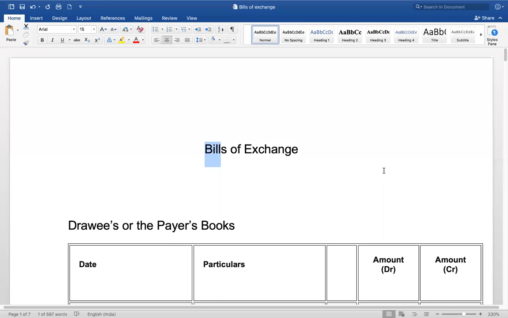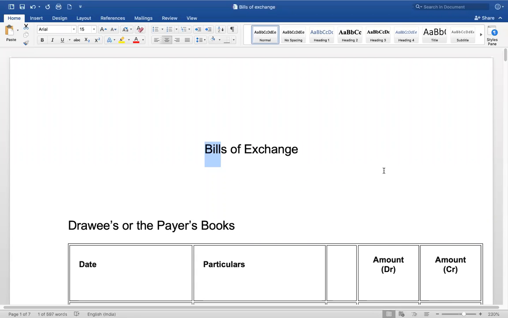This document is written by the seller or the vendor and given to the buyer or the purchaser, asking him to give consent to the details mentioned in that document, and he puts his signature, and that's his consent for all the details mentioned in that document.